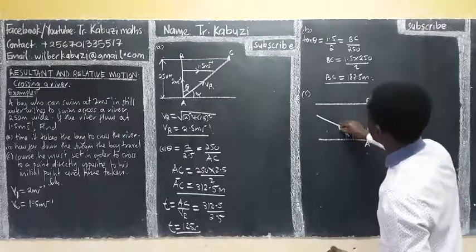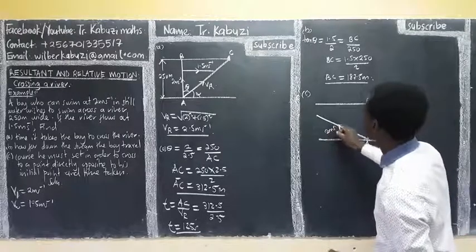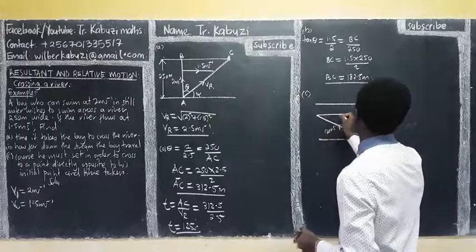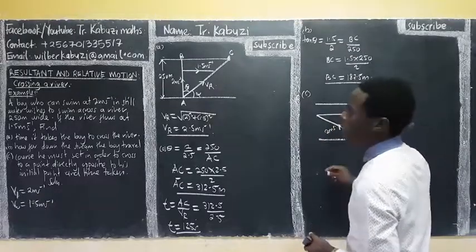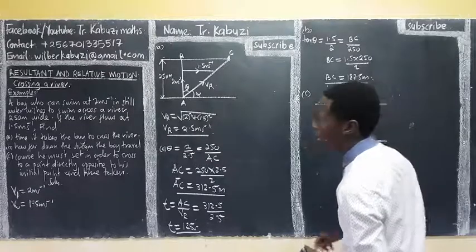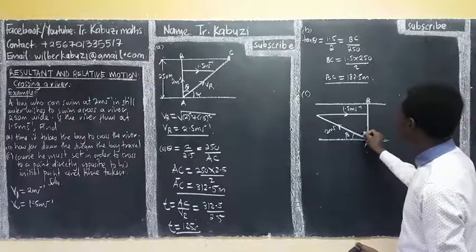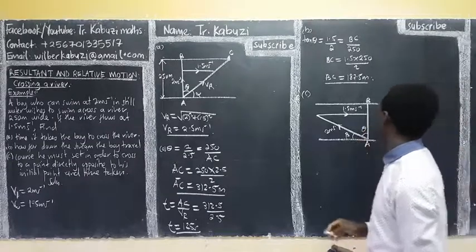The velocity he is going to use is the velocity at which he is swimming, 2 meters per second, and then we add the velocity of the river, which is 1.5 meters per second. First we get this theta, then after we shall get beta.